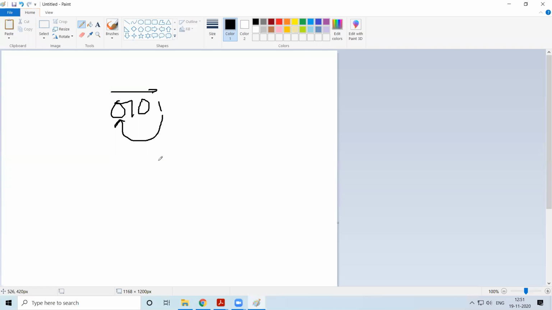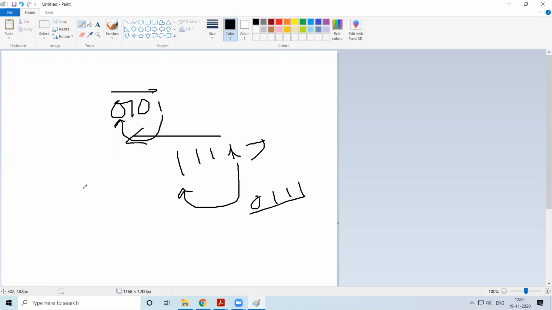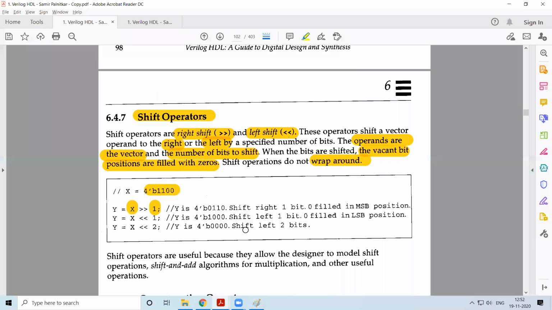If I shift it, this bit won't come here, it will be lost forever. When I shift this number, it will be like 0 1 1 1, and if I shift it in the other direction, it will be 1 1 1 0.